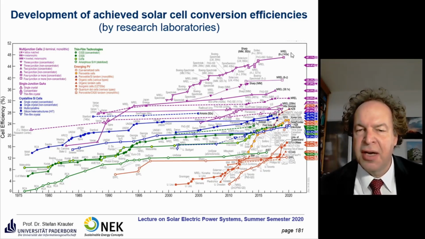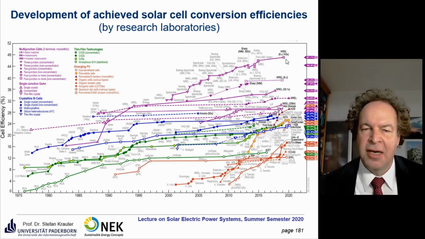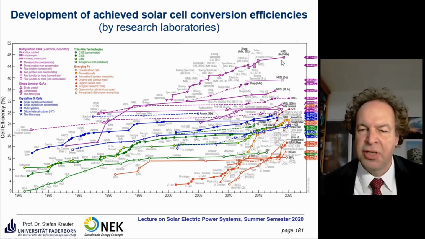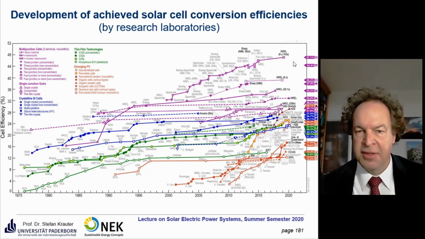So it is a very lab-like cell. This is a very expensive cell, and this concentration is usually not really feasible in everyday operation. But they achieve a very high conversion efficiency.